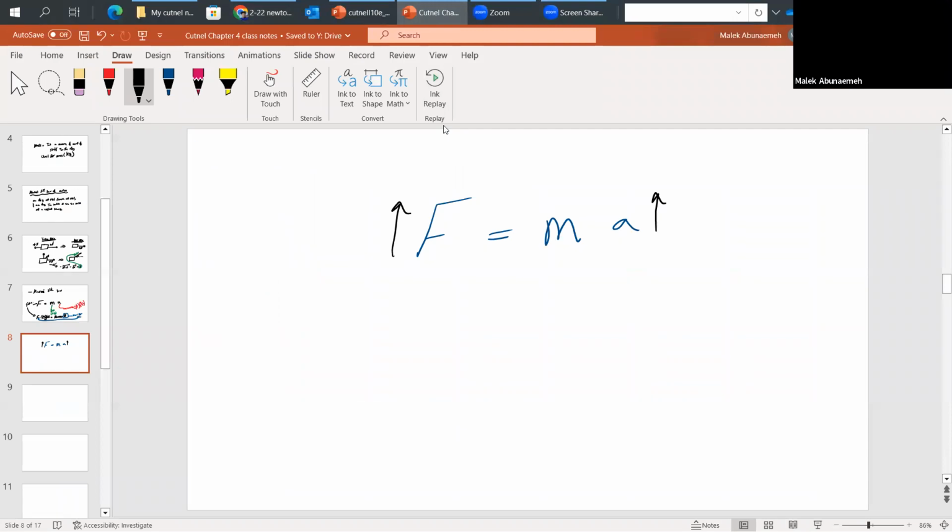So in this case, solving for the acceleration is going to equal your force divided by your mass, where if your mass goes up, that means your acceleration goes down, and vice versa. If your mass goes down, your acceleration goes up.